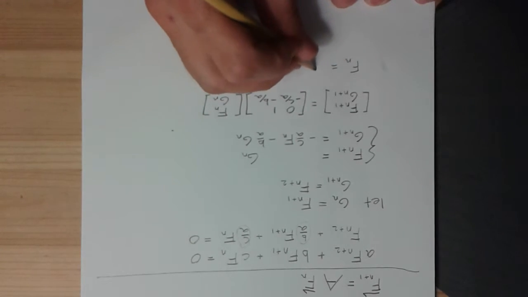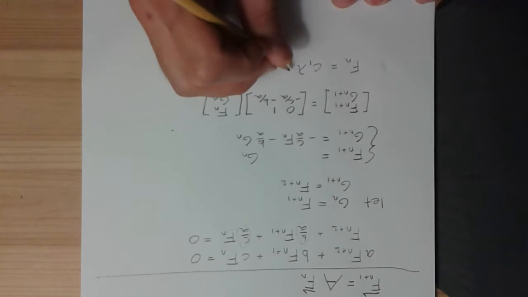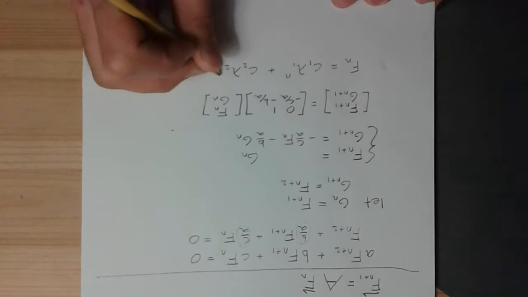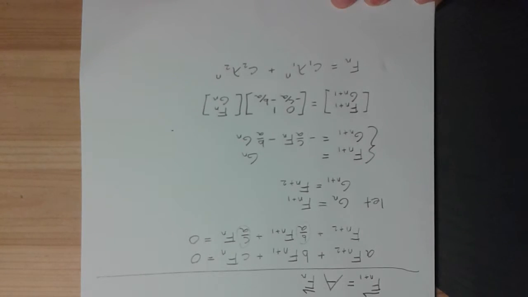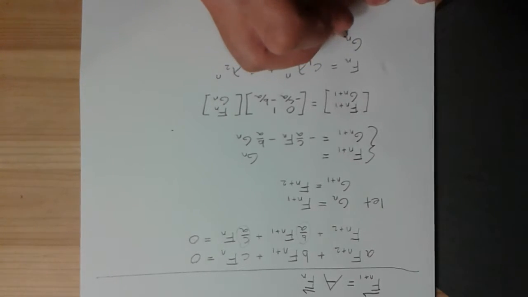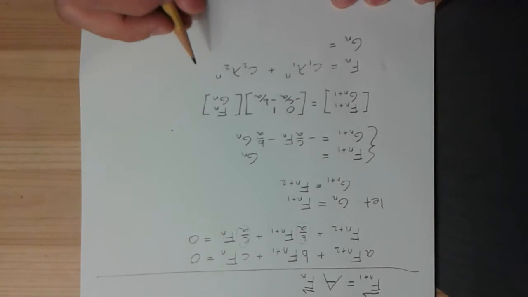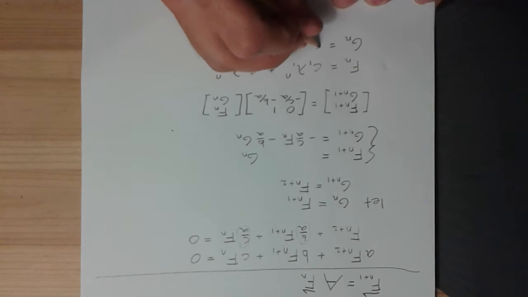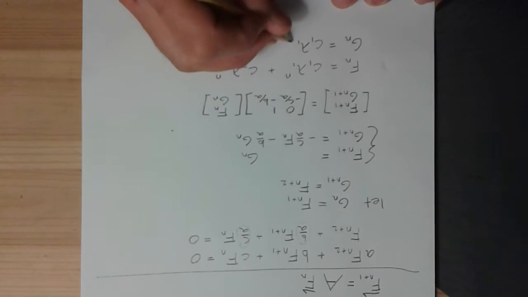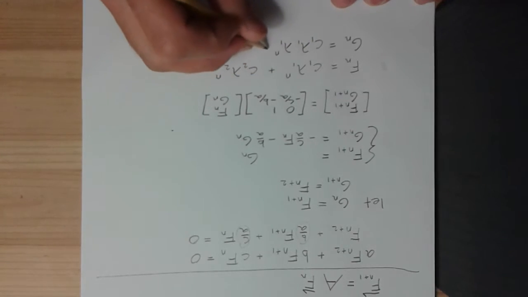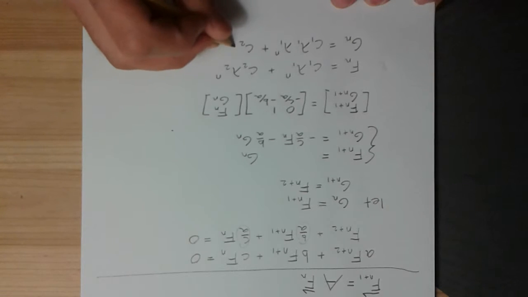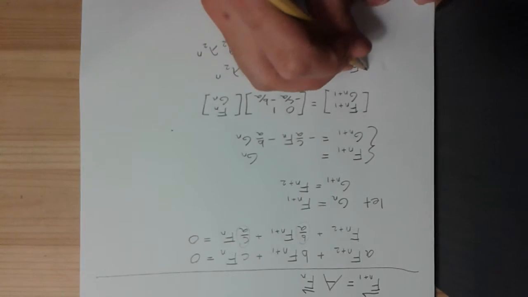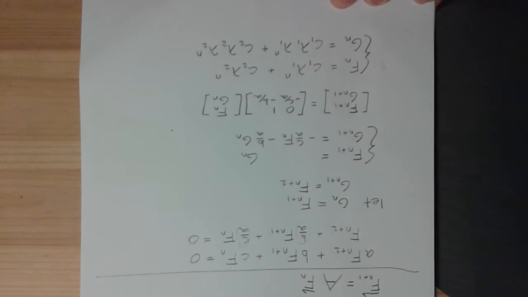So f of n would just be c1 lambda 1 to the n plus c2 lambda 2 to the n, assuming no repeated roots. g of n is just f of n plus 1, so I can just replace this n with n plus 1, and I'm just going to write it like this. And so this is the solution.